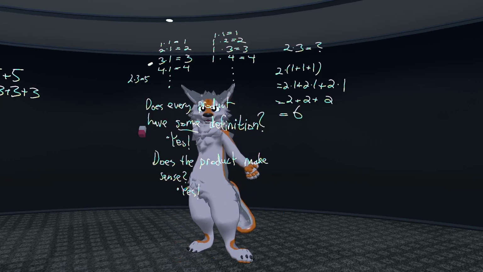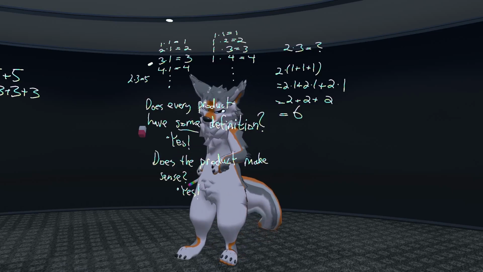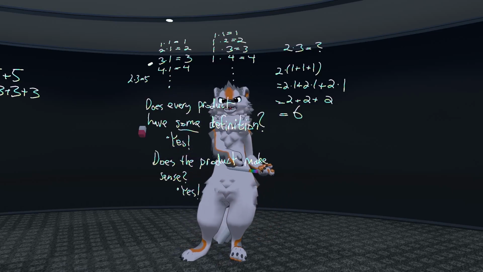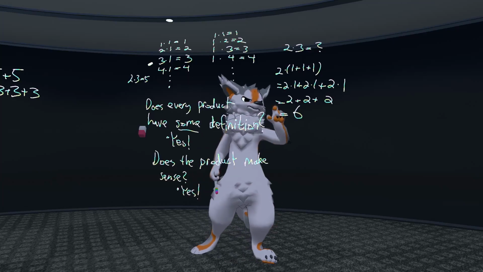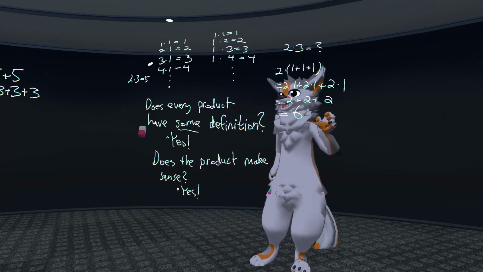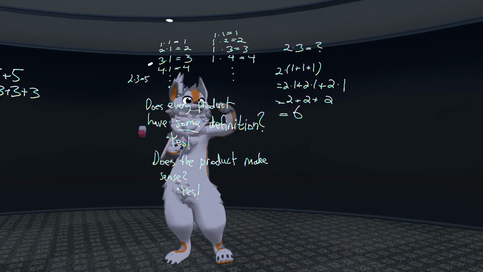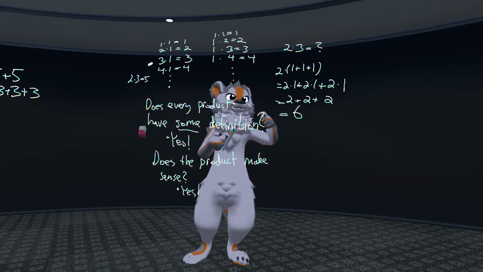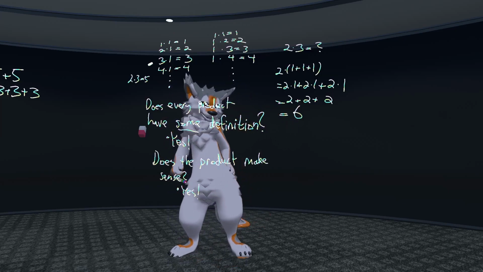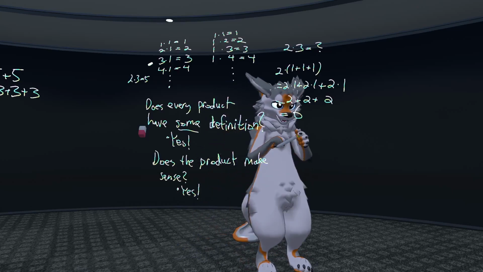But nonetheless, our product does not make sense. It's not well defined, because we need to have precisely one result for every pair of inputs, right?